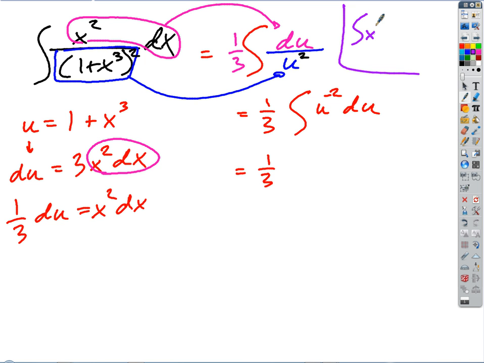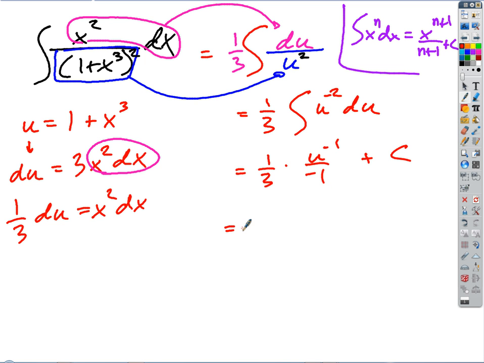The integral of x to the n dx is x to the n plus 1 over n plus 1 plus c, right? So what are we going to get? u to the what power? Negative 2 plus 1 would be negative 1. Dividing by negative 1 is the same as multiplying by negative 1, right?